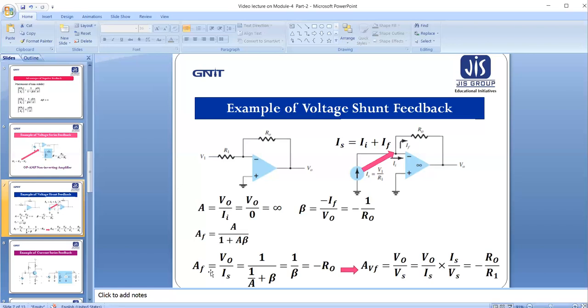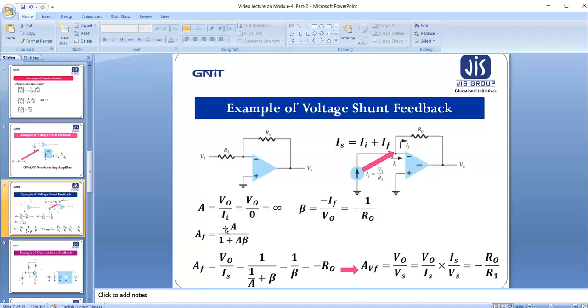Now putting the value of AF is equal to V naught by Is, because it is the output and it is the actual input of the system. So V naught by Is is the AF. Now putting down the value of A and beta. First, as A is infinity, we cannot put this infinity here, it will complicate it.